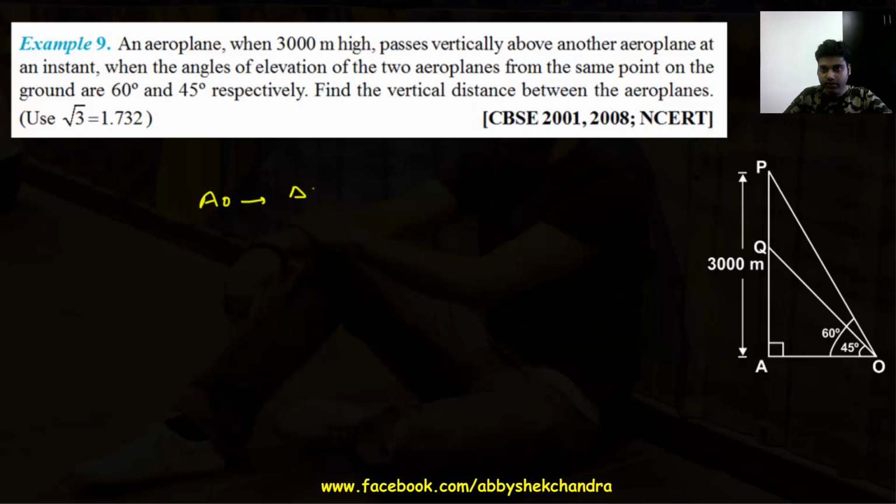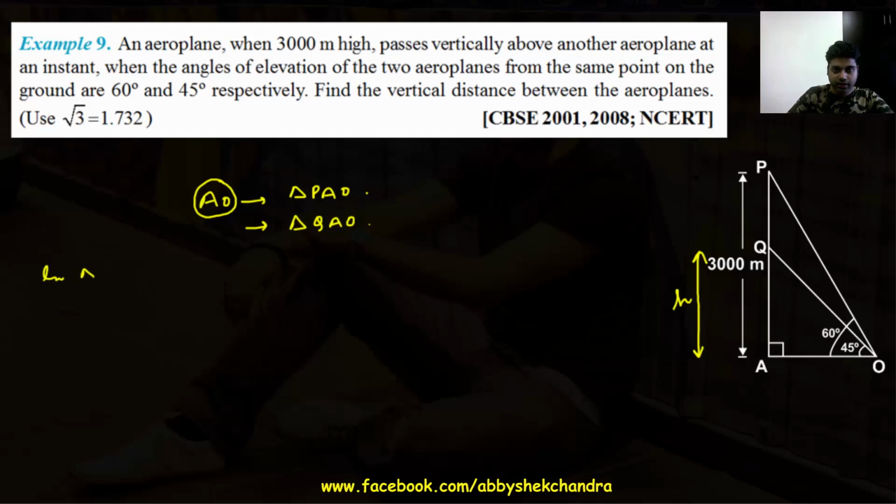One of them is triangle PAO and the other right angle triangle is triangle QAO. So what we will do is we'll find the value of AO from both these triangles and then equate them, right? Before doing that, let's assume that this height is h.